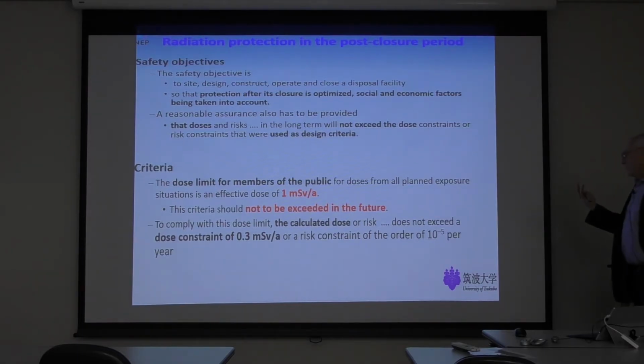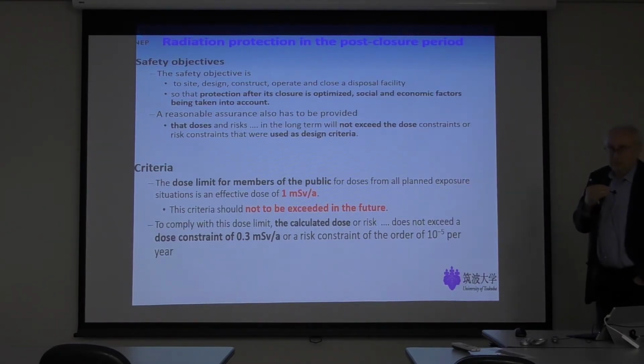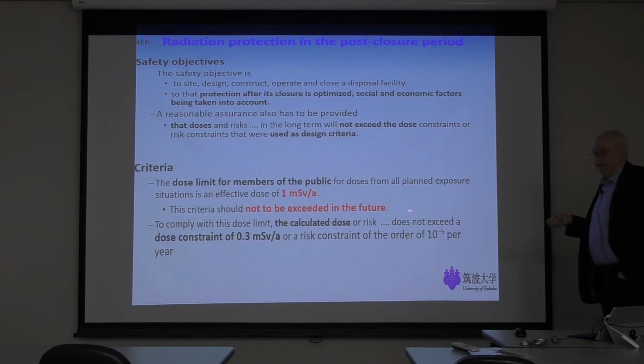And coming to the criteria for members of the public, for any facility which is planned, the dose limit is 1 millisievert per year. And also this criterion should not be exceeded in the future.